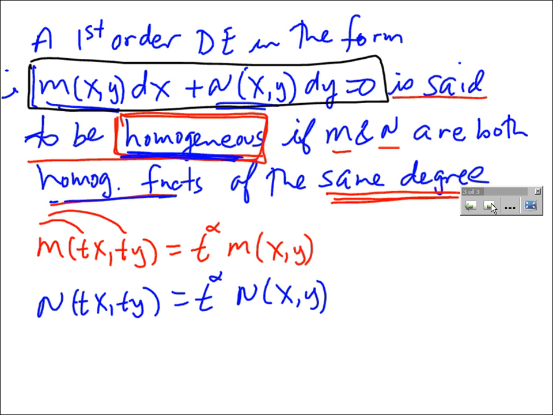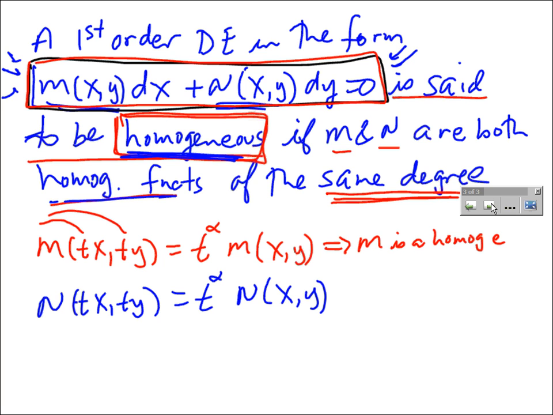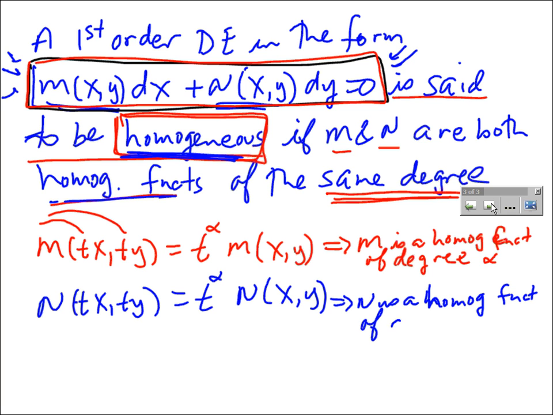For this differential equation, the one that I'm boxing in red, for it to be homogeneous, it better be that m is a homogeneous function of degree alpha, and n is also a homogeneous function of degree alpha.